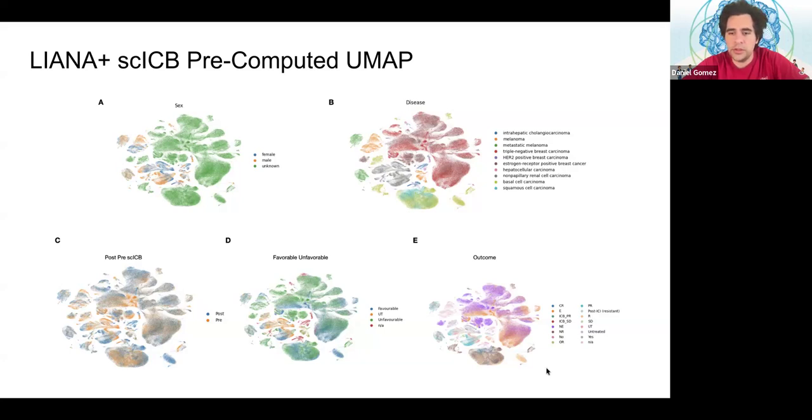So here you'd be able to analyze partial response here in blue. Let's see other letters here. Majority I'll have to look up. There's E and R as well as NE. So E and R and NE. Usually we do complete response, partial response, stable disease, or non-response. Here we see non-response in brown.